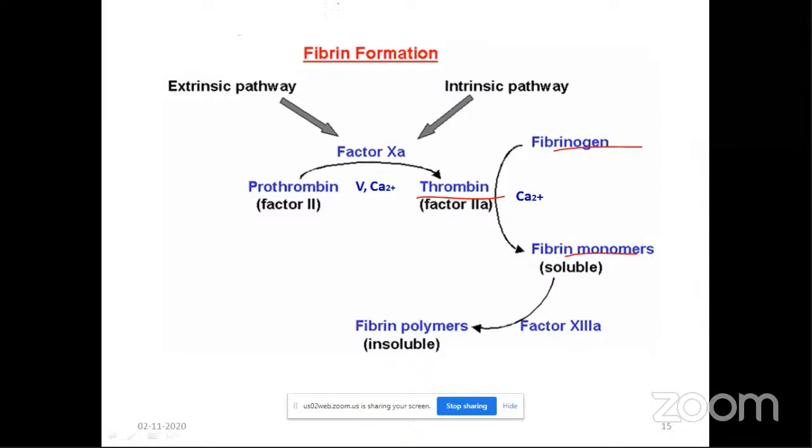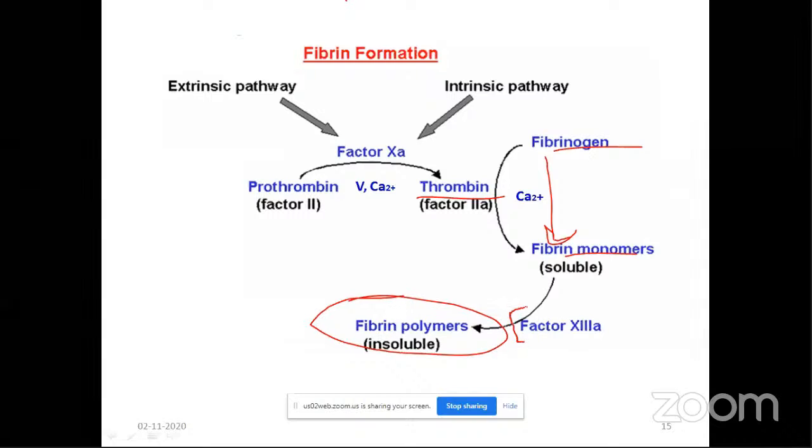And then prothrombin, which is present in our blood in a precursor form, is converted by prothrombin activator into thrombin. Then this thrombin converts fibrinogen into fibrin monomers. These fibrin monomers are still soluble. They're small threads. Then they form a mesh or network and polymerize, and then they become insoluble.